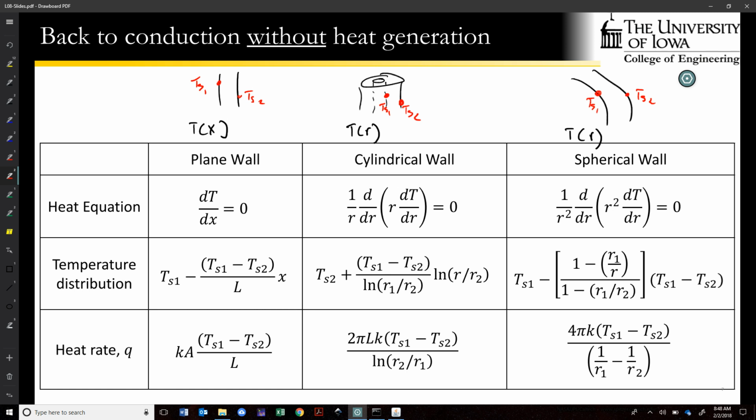The heat rate, because of the way we define the problem, has to be constant across the thickness of the wall for each of these cases. So note that in none of these expressions do we have anything that's a function of r. We have r1 and r2, which are the radii of our inside and outside boundaries, but everything is essentially just a number, which is as it should be.